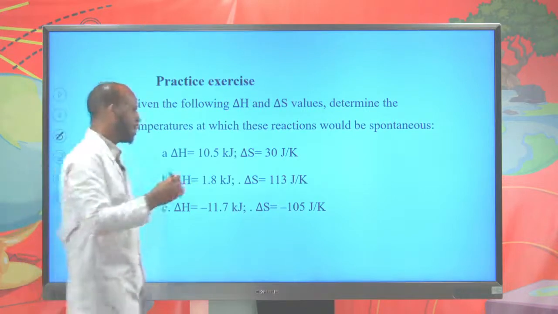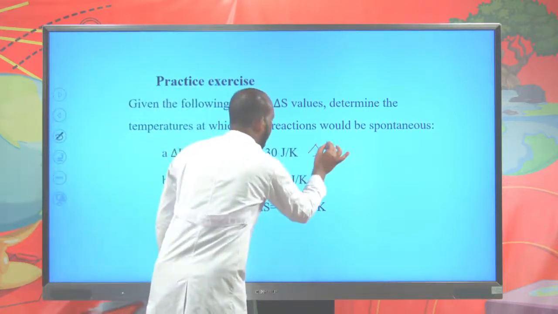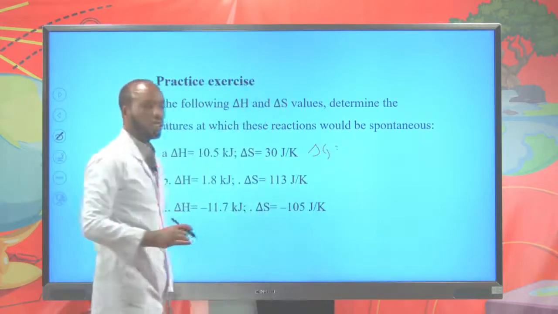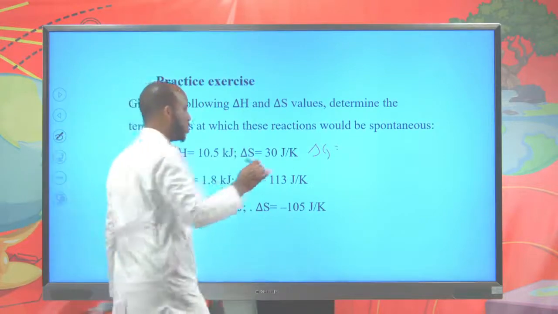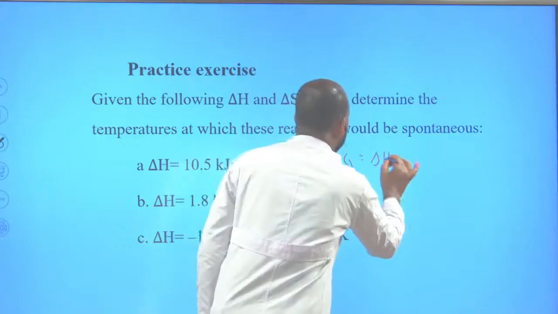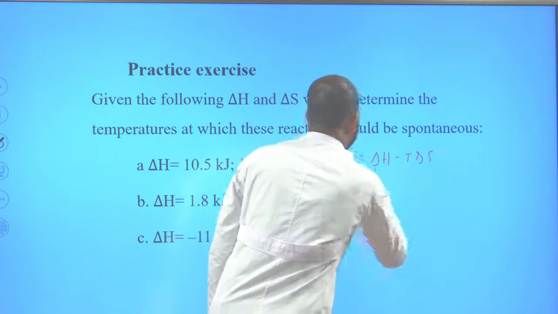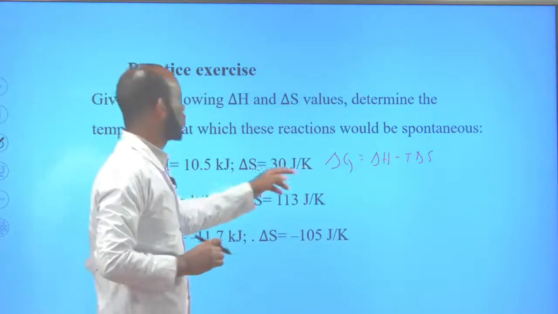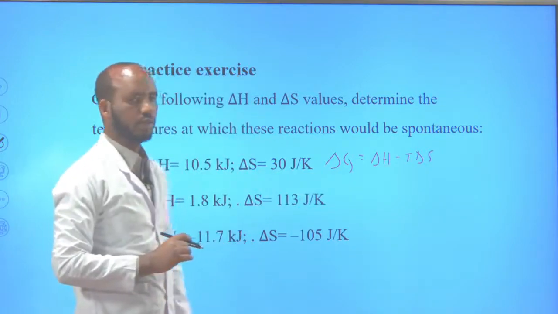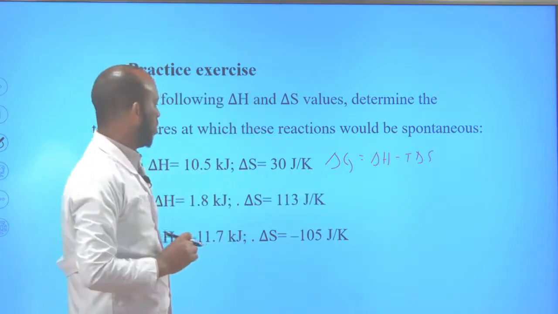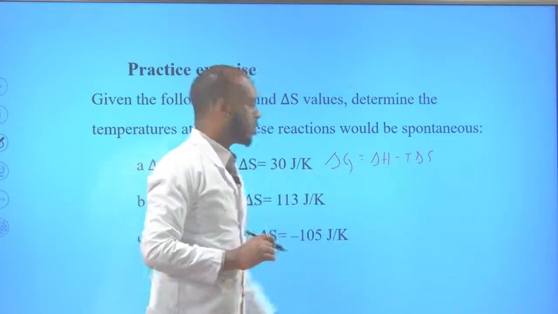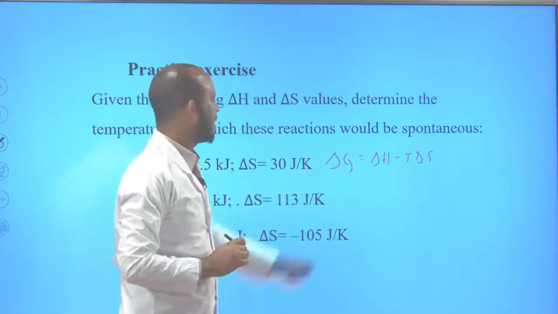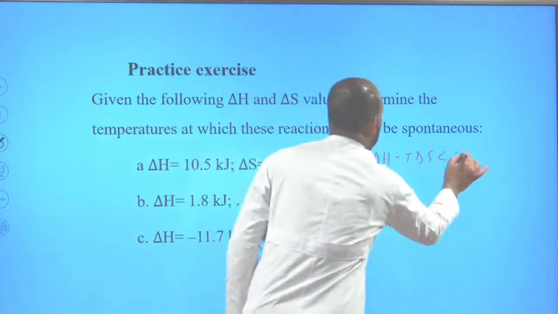We said the Gibbs free energy change, delta G, relates enthalpy change and entropy change through this equation: delta G equals delta H minus T times delta S. Now delta H is positive, delta S is positive. If the reaction is spontaneous, delta G must be less than 0.